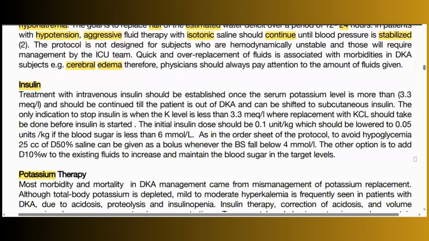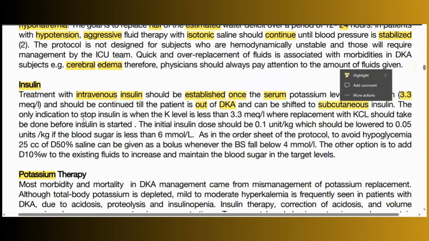Other treatment in DKA is insulin. Treatment with intravenous insulin should be established once the serum potassium level is more than 3.3 milliequivalent per liter and should be continued until the patient is out of DKA and can be shifted to subcutaneous insulin.